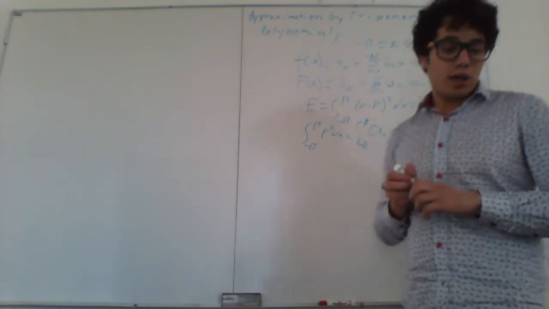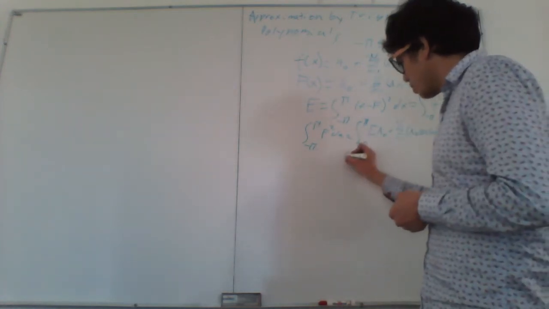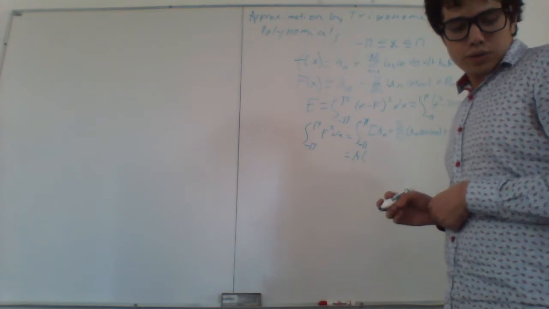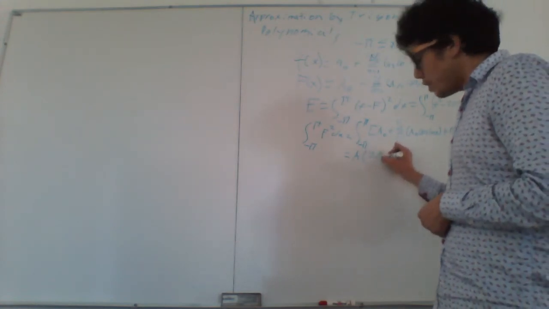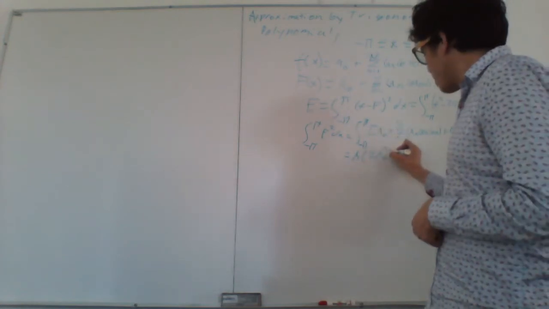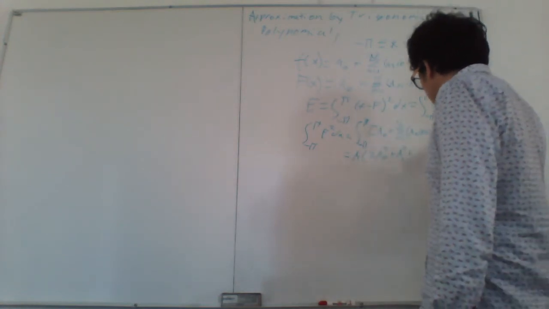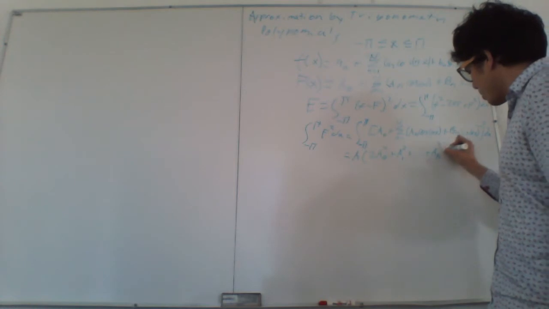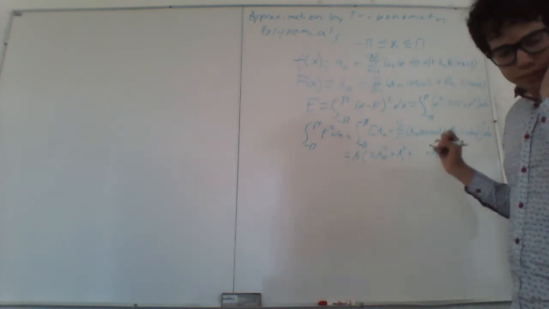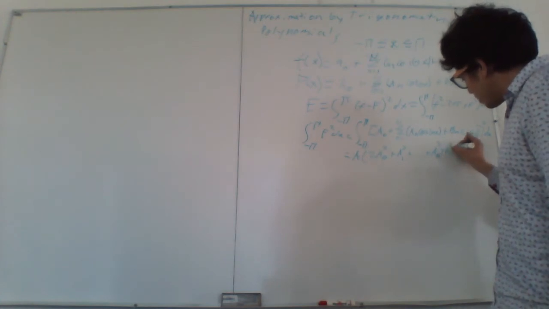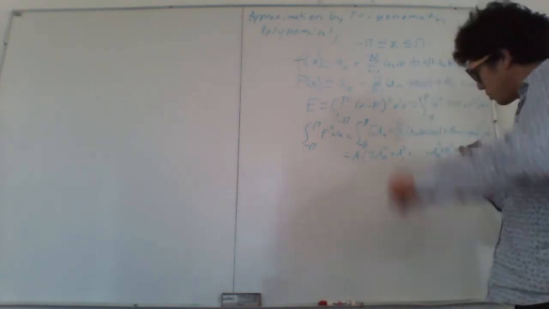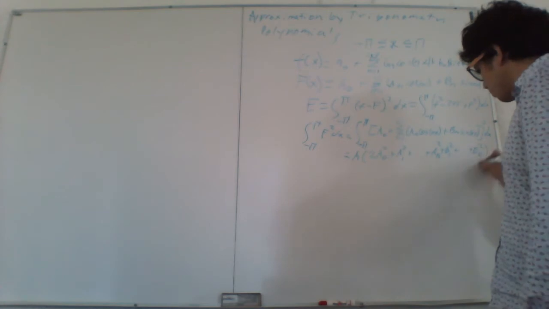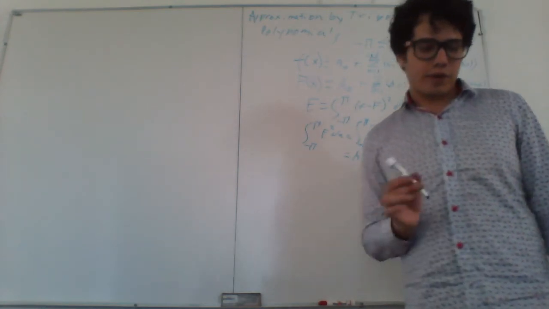If we solve it, we have that this is equal to a0 squared plus a1 squared plus an squared plus b1 squared plus bn squared. Okay, so this is the answer for this.